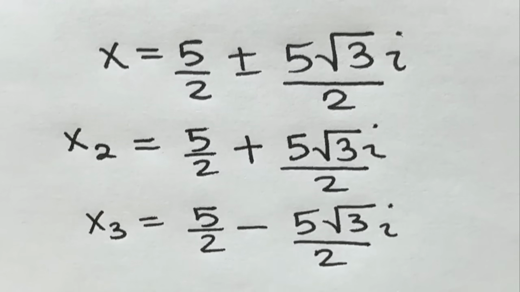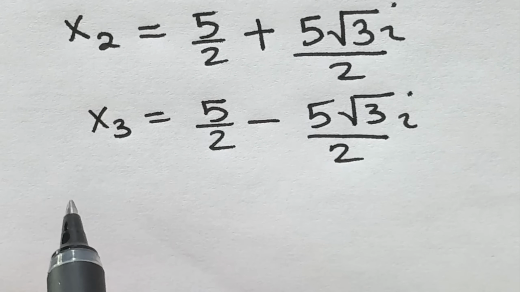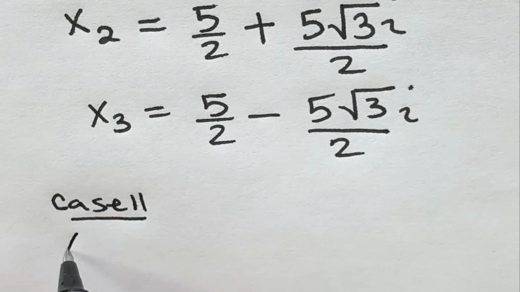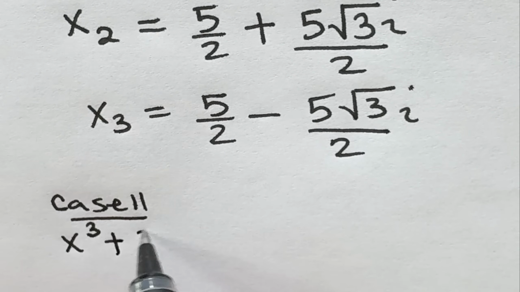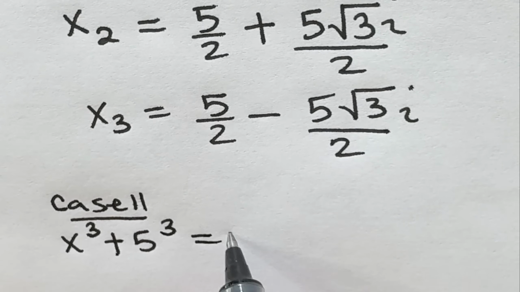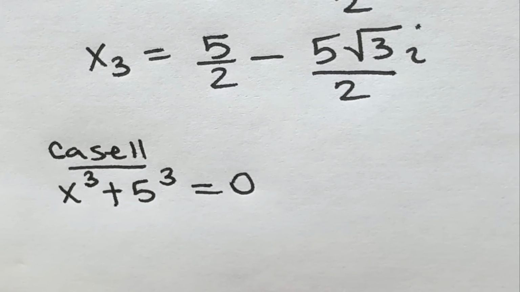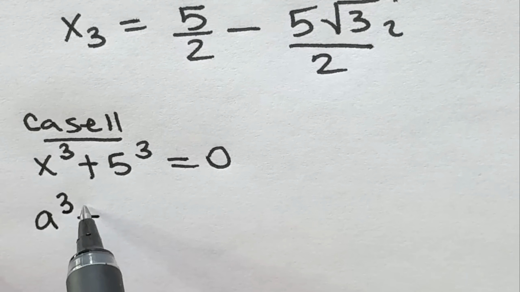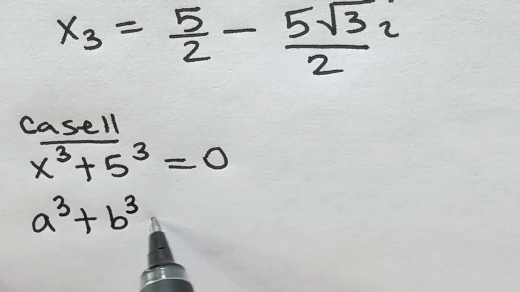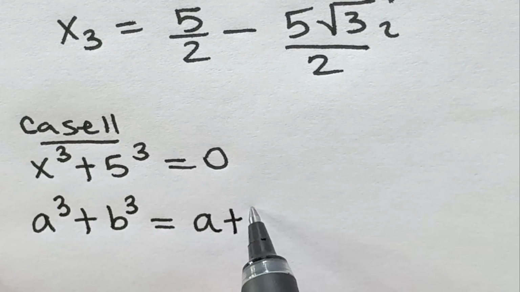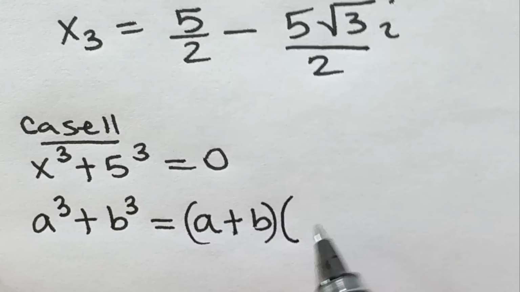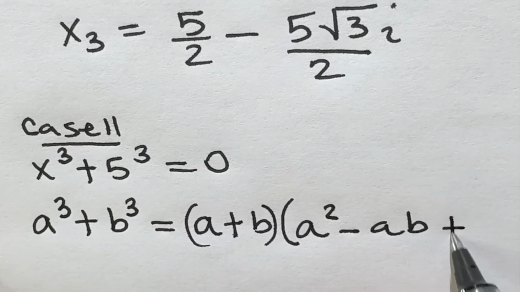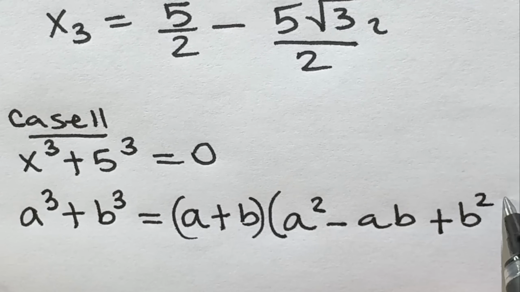Let us now go back to case 2. For case 2, we have x raised to power 3 plus 5 raised to power 3 is equal to 0. By identity, a raised to power 3 plus b raised to power 3 is going to give us a plus b into a squared minus ab plus b squared when factorized.